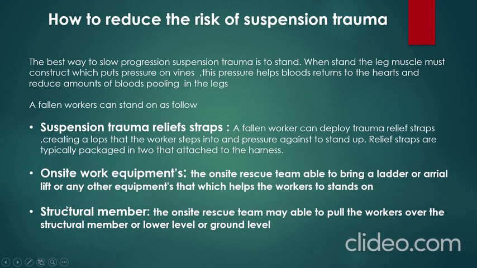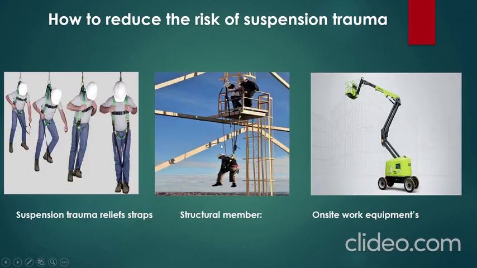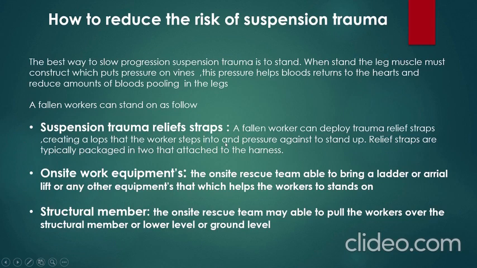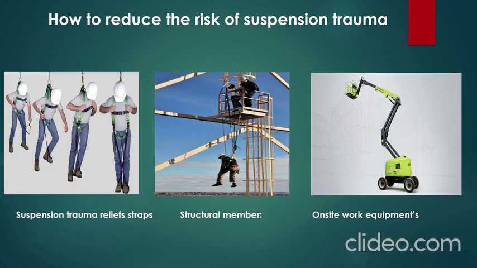Structural members: they can stand on nearby structural members, and the on-site rescue team may be able to pull the worker over a nearby structural member, or to the lower level or ground level. They can bring them down using pulleys or ropes and other methods available on site. We can see here pictures so we can easily understand how we can rescue the people.